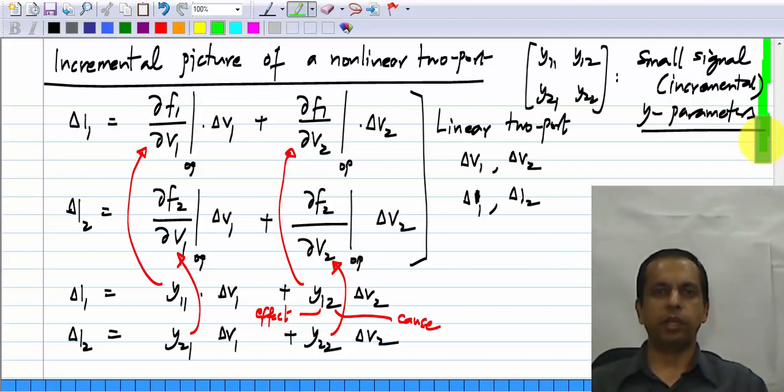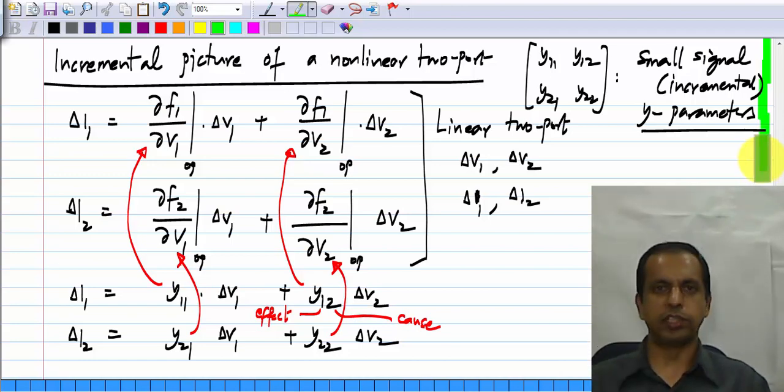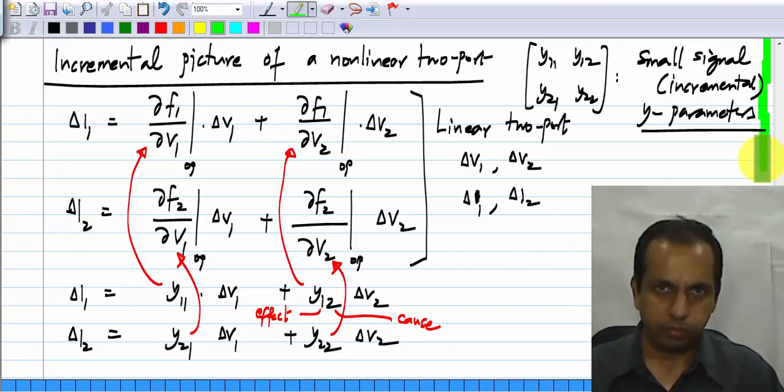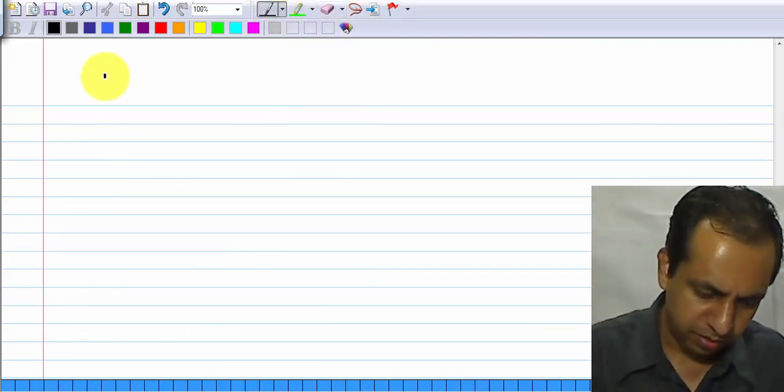And what is the circuit equivalent? In case of a one port network, the equivalent was a resistor. In case of a two port network, the equivalent is a linear two port. And what is that?